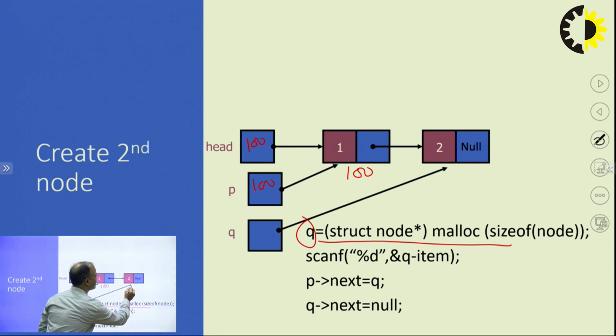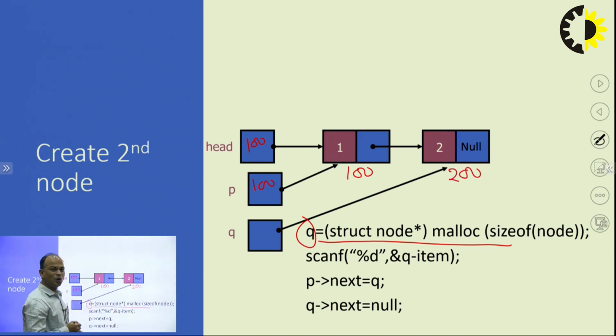Suppose address of this node is here 200. In that case 200 is assigned to pointer q. So 2 nodes are created here, but at this moment we have created the second node, but first and second nodes are not linked to each other. Moreover, we have not passed any value to the second node.